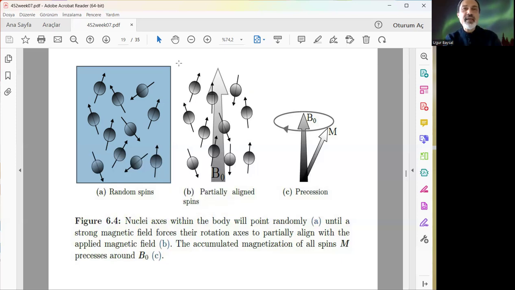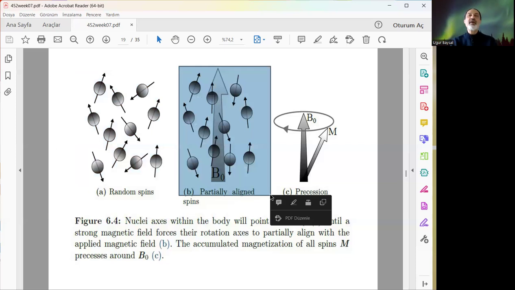But when we place these nuclei in a high strength magnetic field, then they align or anti-align, and perform complex movements like precession, etc. But their resultant vector completely aligns with the B0 direction.